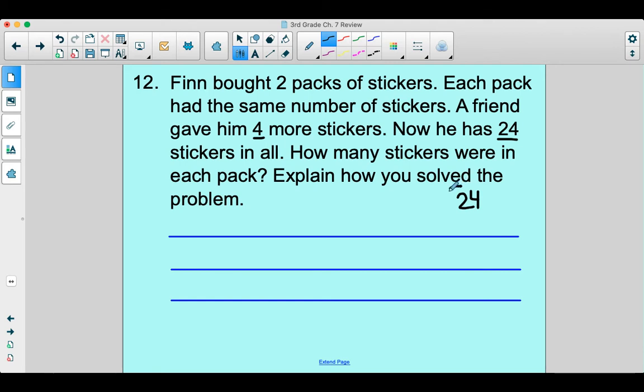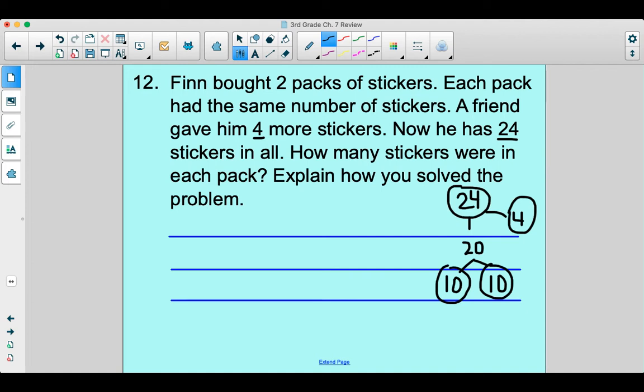So here's his 24 stickers at the end, but his friend gave him 4. So that means 20 stickers were in the 2 packs. So that means the 20 would be split into a pack of 10 and another pack of 10, right? So this represents 1 pack, 2 packs, friend's gift. There we go. Number bonds save lives, you guys, I promise.